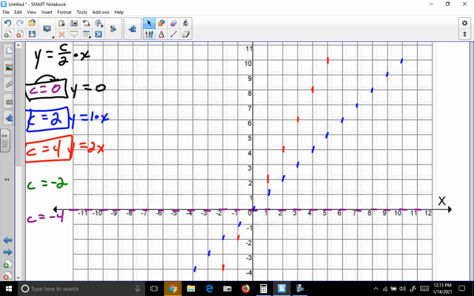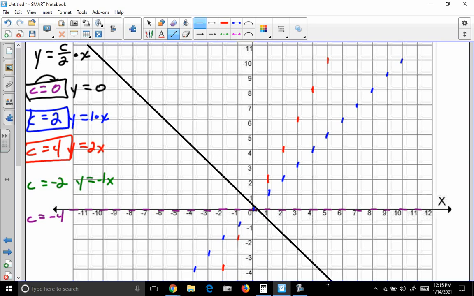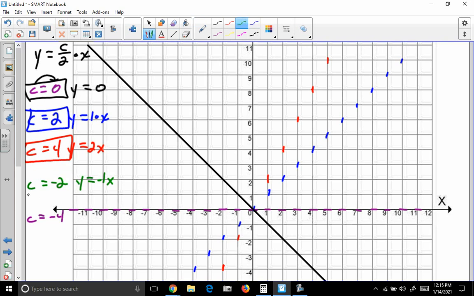Now when C is -2, the equation of the isocline is -2 over 2, so -1x. So that gives us this line. Everywhere on that line, we're going to have a slope of -2. C is dy dx, so a slope of -2.